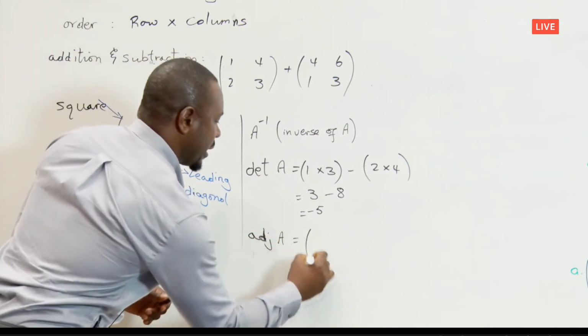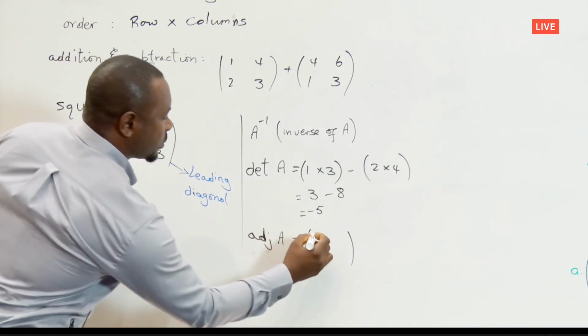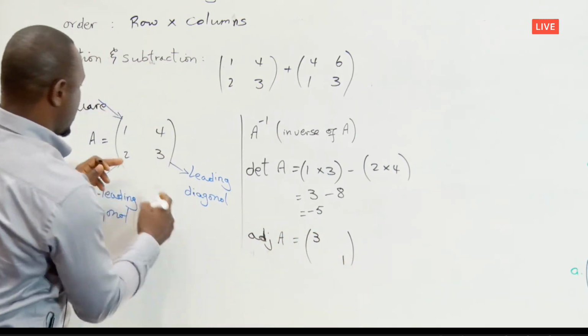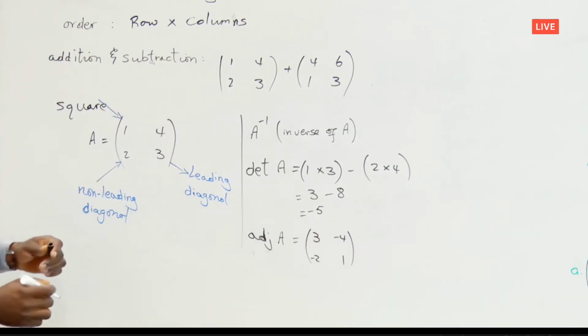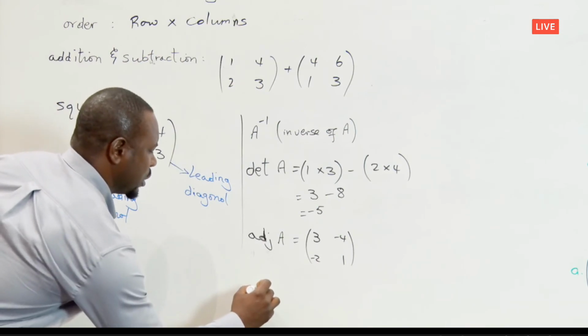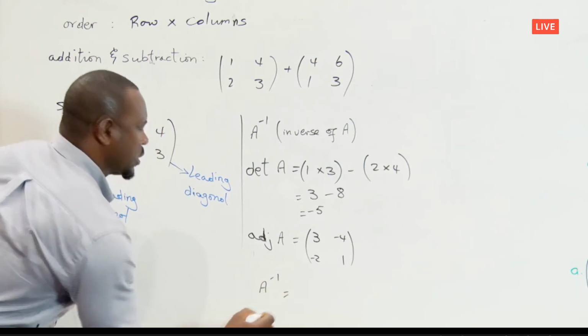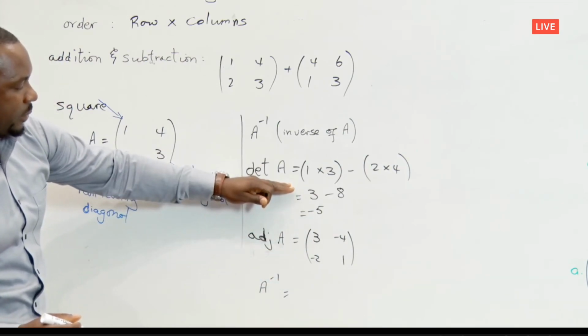What we need to do for the adjoint, these members on the leading diagonal, you're going to swap them. And these members on the non-leading diagonal, we said that we will change their signs. So this is quite simple. Okay, so we swap, 3 goes up, 1 comes down. And then we change the sign of the other two, -2, -4.